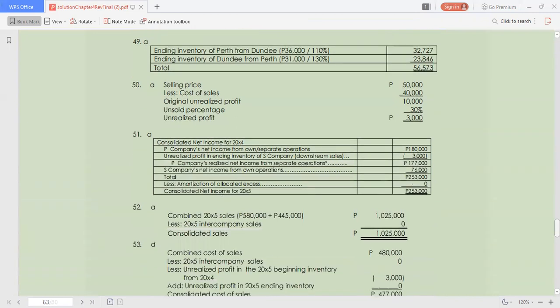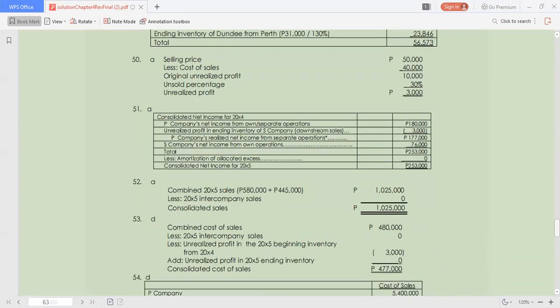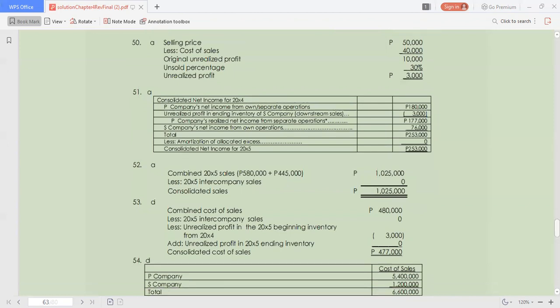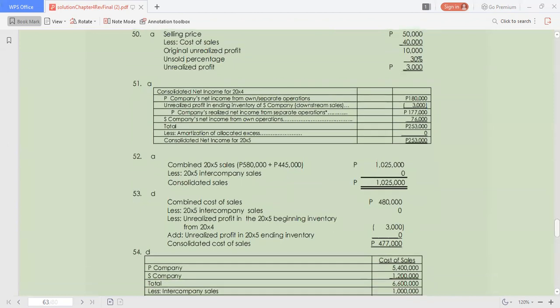So we have the original unrealized profit of 10,000. Then the unsold percentage is 30%. That's the unsold percentage in 20x4. So meaning we have 3,000 as the unrealized profit. In number 50, the answer is letter A.